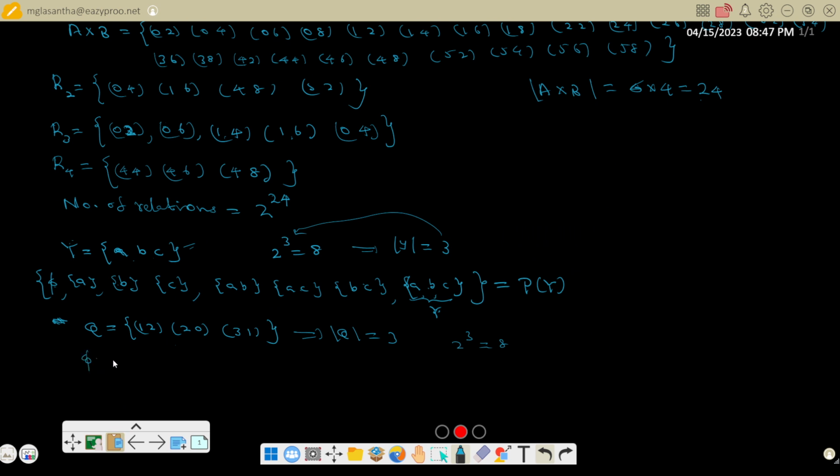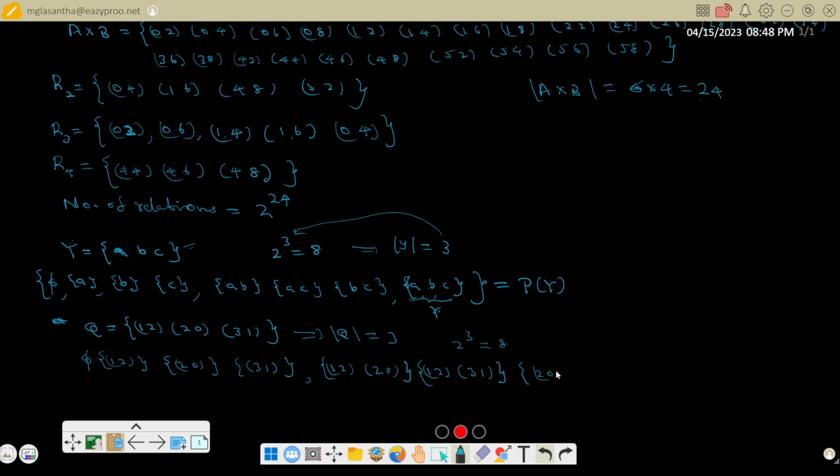Null set. Then the single-member subsets. Then taking two members at a time, you can select two members in 3 different ways.